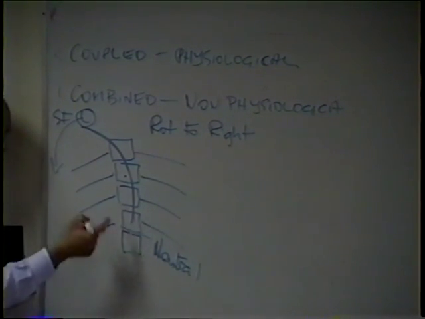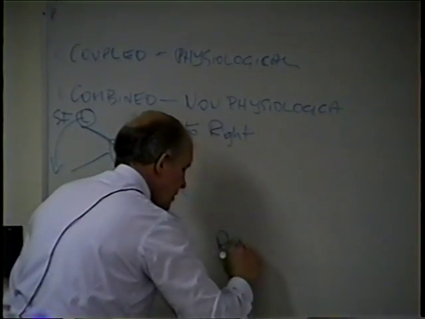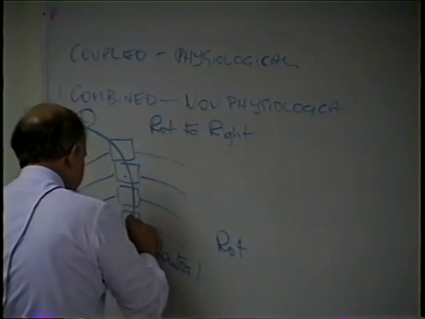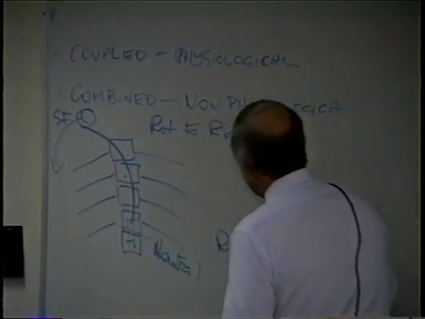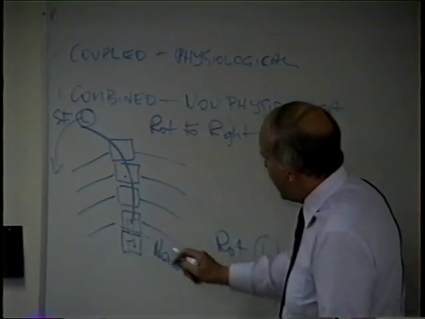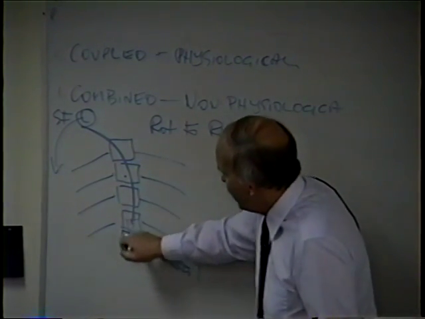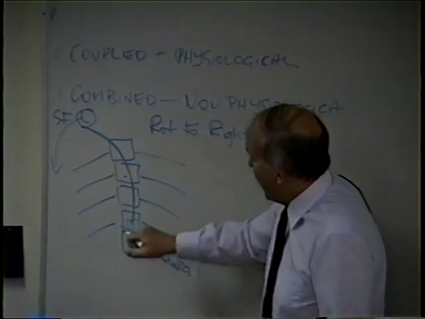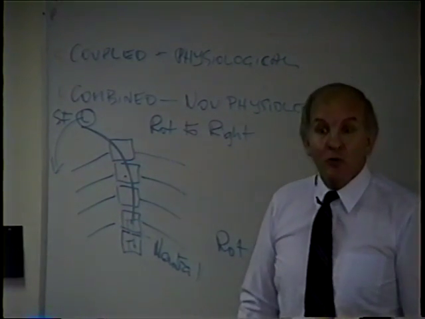Now let's assume, just because of my description here, that we want to rotate T5 and T6 to the left. I don't want any left rotation to occur in any of these other bones, because that's going to take away the left rotation that I'm trying to force at this level. So I'm going to place all of those bones in rotation to the right.